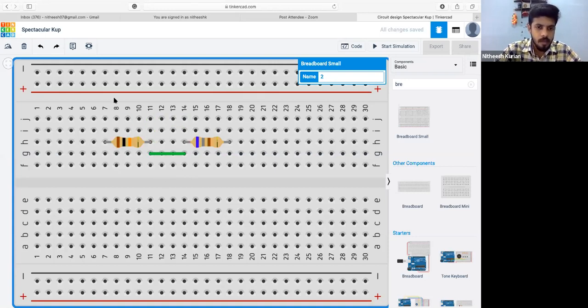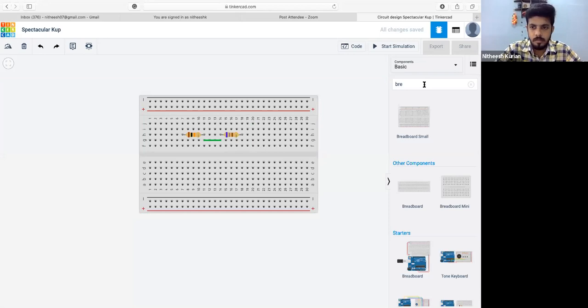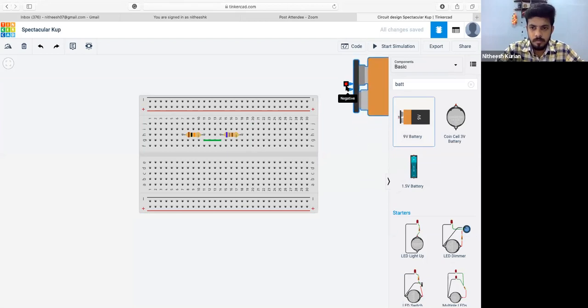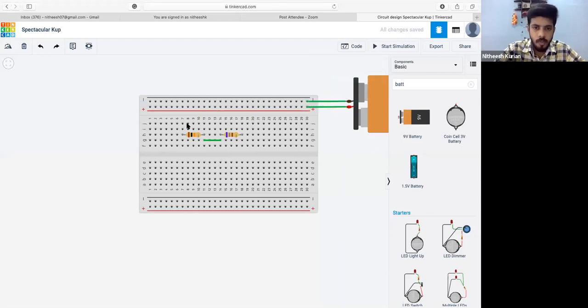And I'll take one battery here, a 9-volt battery. Positive terminal is connected to this row and negative terminal is connected to this row.